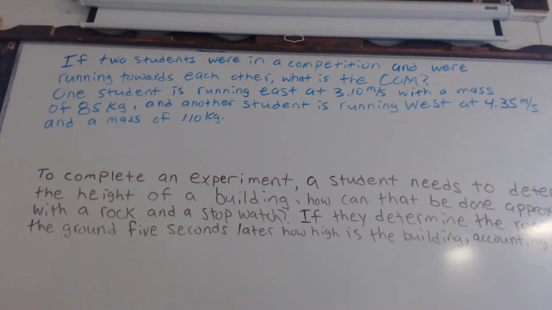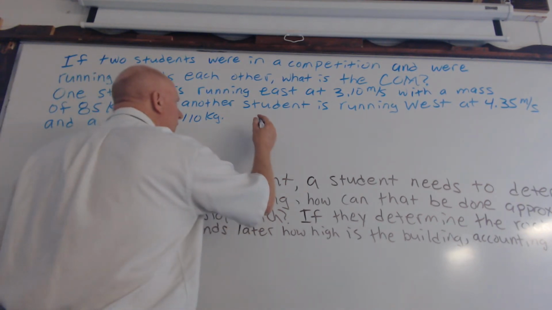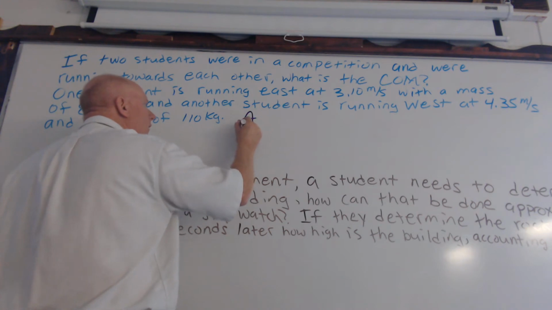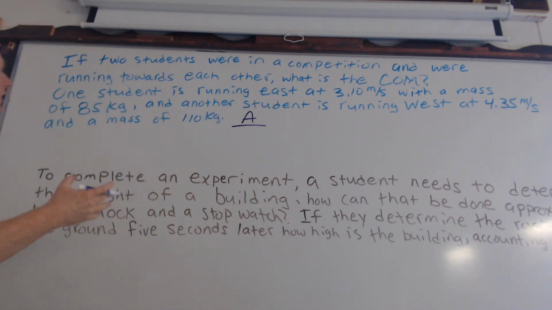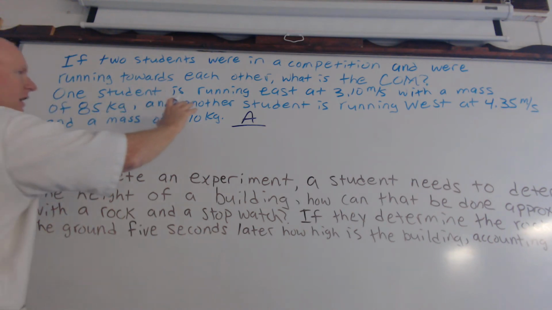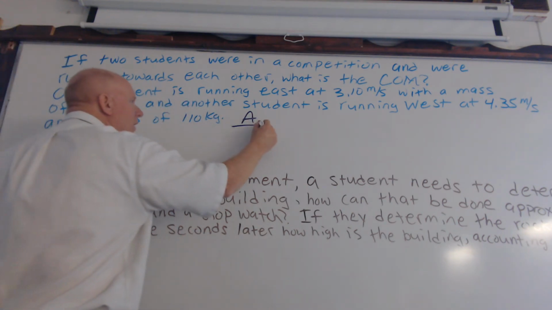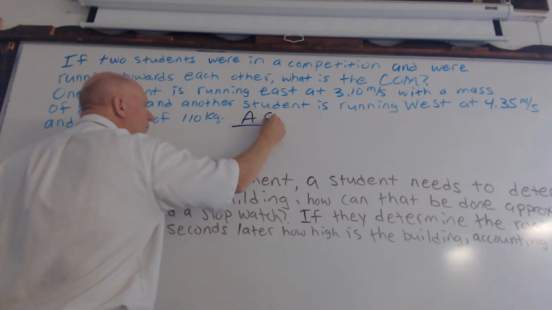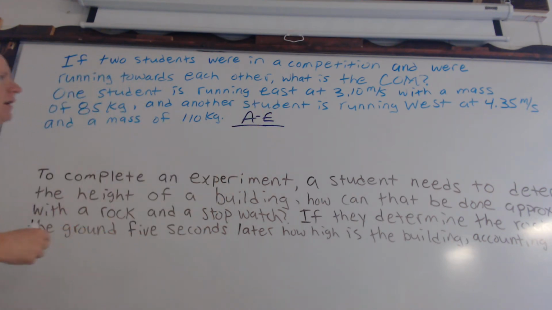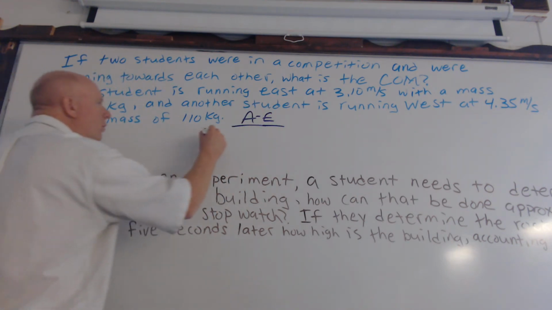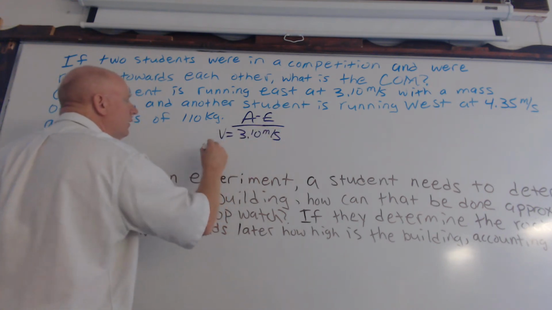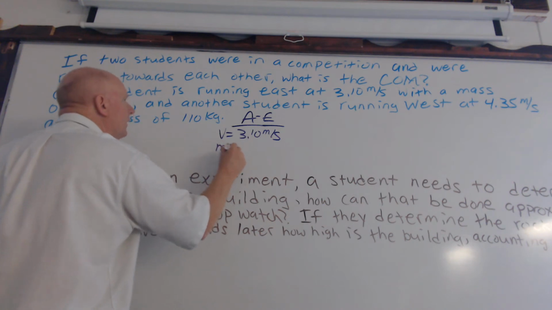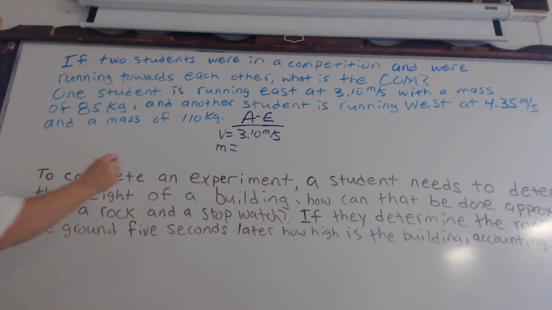So maybe the best course of action is as follows. We'll say we've got student A, and it doesn't matter which one you pick, but since one student is running east, student A is running east, so our velocity is 3.1 meters per second and has a mass of 85 kilograms.